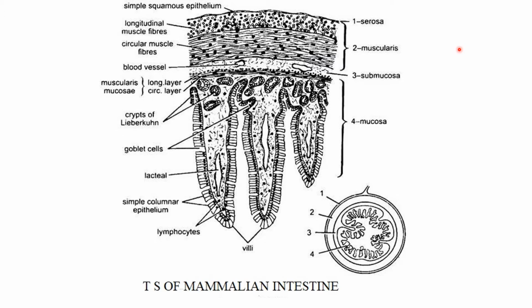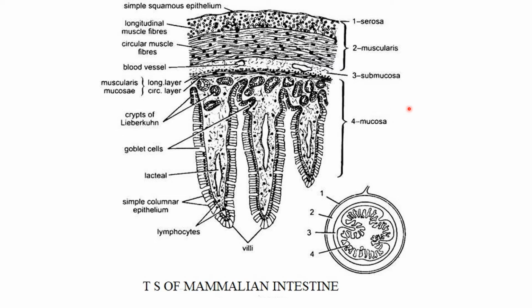As we all know, the alimentary canal, irrespective of its position, has four important histological regions: the outermost covering, serosa; the second layer, called muscularis externa or simply muscularis; the third layer with blood vessels and connective tissue, called submucosa; and the innermost layer with specialized functions, called mucosa.